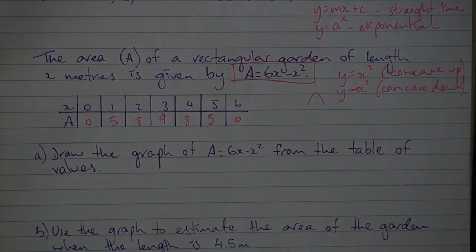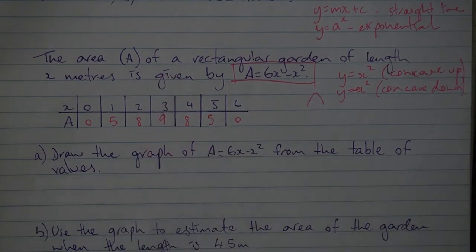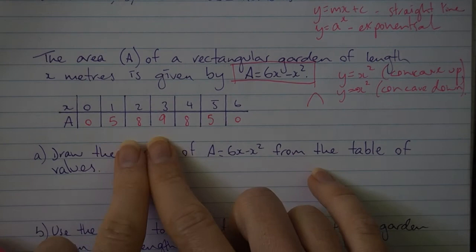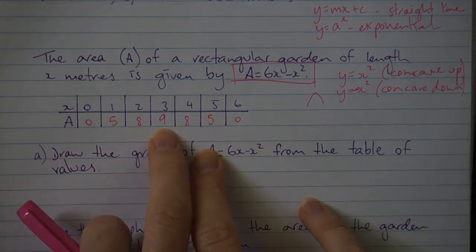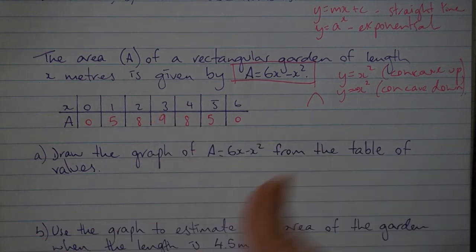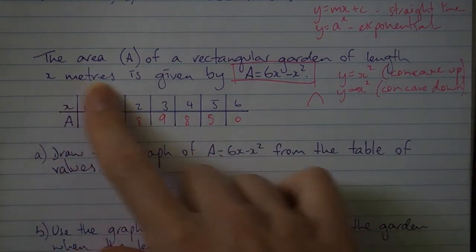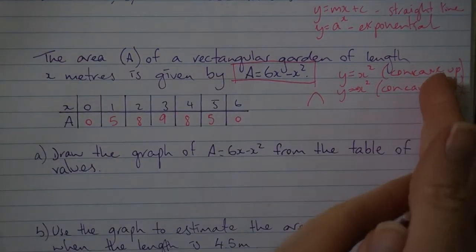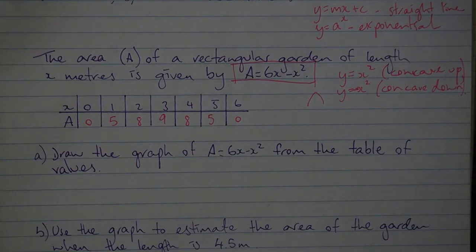So, important to note, a parabola will always be symmetrical. Now this table of values gives us a nice symmetrical parabola about the center value that we've been given. That doesn't always work out. If you don't have symmetrical values, you just need to take some more values either before you've started or after you've started. But you will always have symmetrical values.